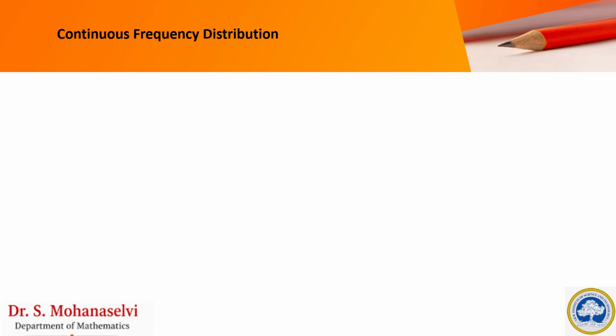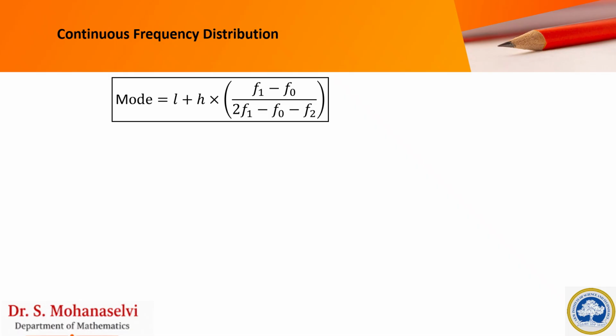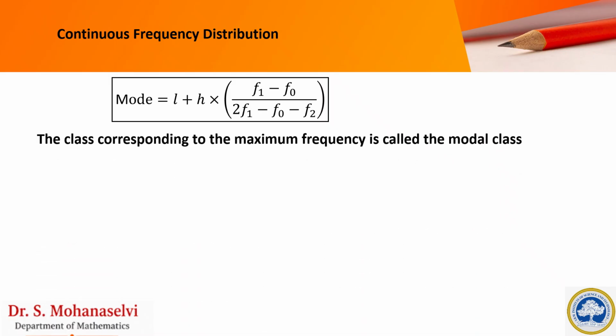For a continuous frequency distribution, we cannot simply take the value with the highest frequency because the data is given in class intervals. So first we identify the modal class. The modal class is the class interval having the highest frequency. Once we identify the modal class, we use the following formula.